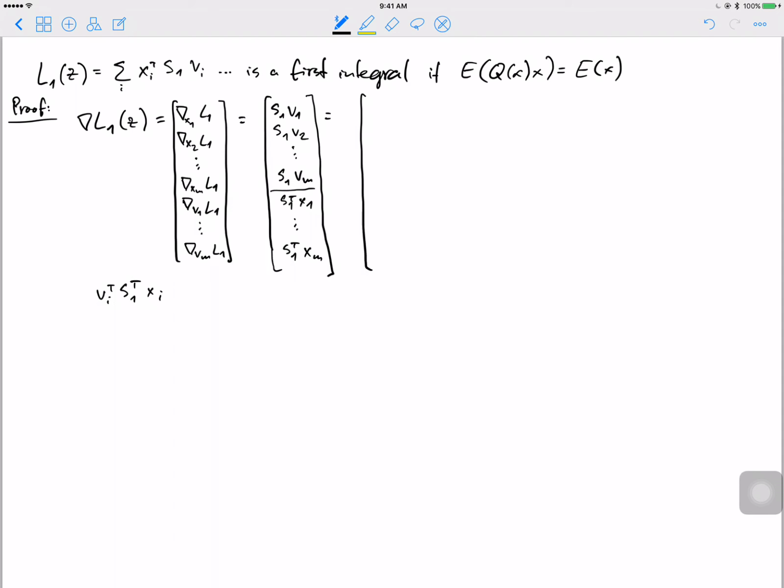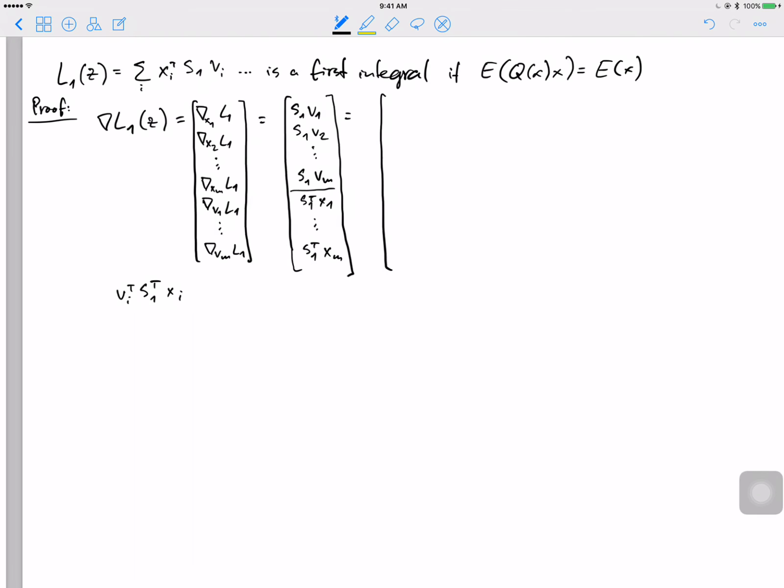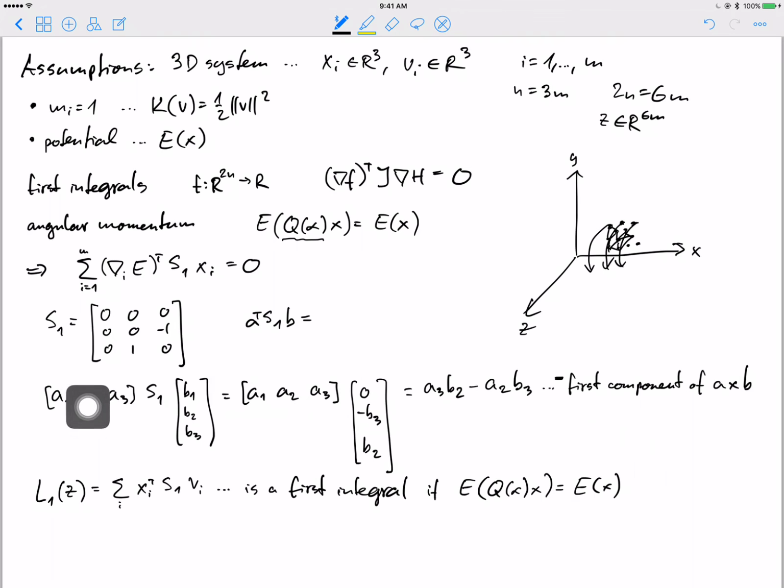So the one thing we need to notice is what is the transpose of s1. So s1 was this matrix, right? And you can see that its transpose will have a funny property, which even has a name. Do you know what that property is? Let me write it here. s1 transposed is what?